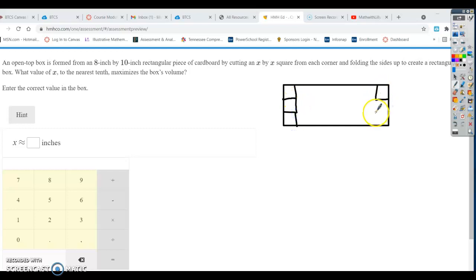My drawing is far from perfect, so don't judge me on my artwork here, but we just need something to represent what we're talking about. So we know the corners are going to be cut out, and we know they have a distance of x. We also know that it's 8 by 10 inches, so 10 would be your longer side.